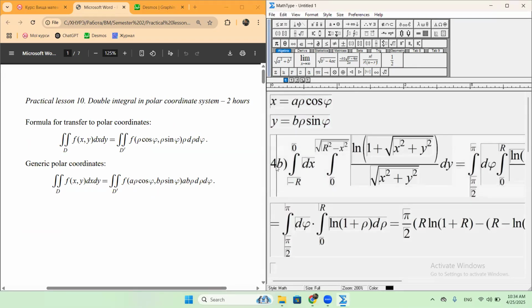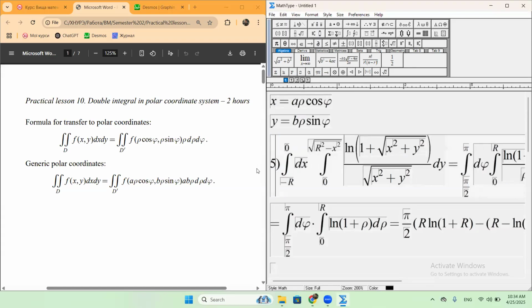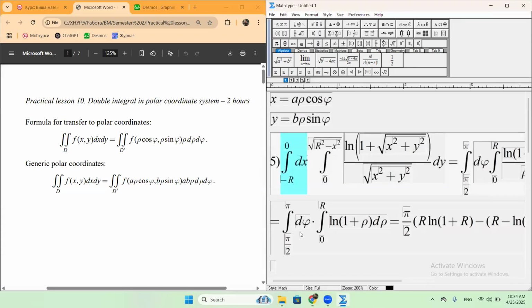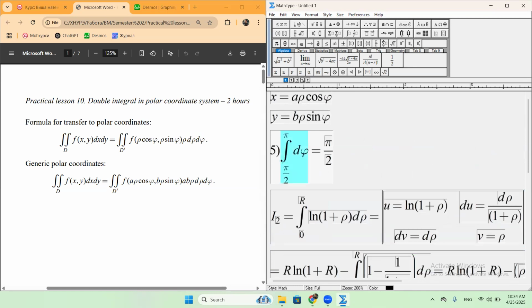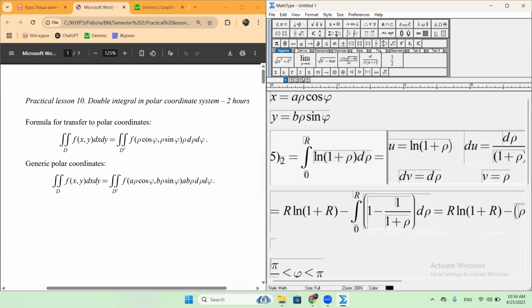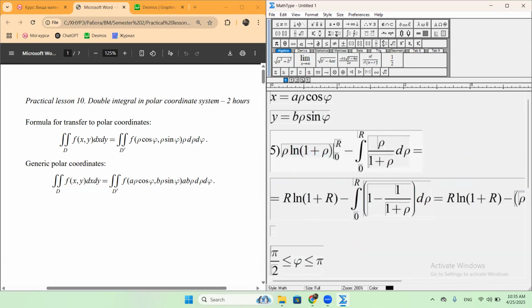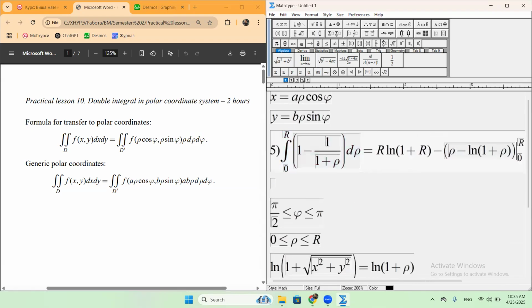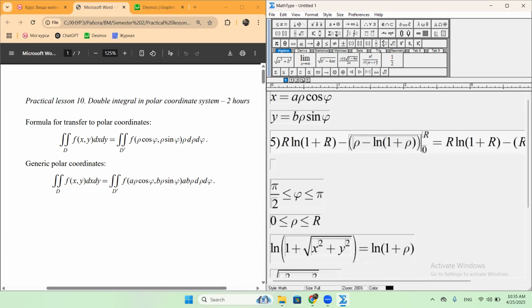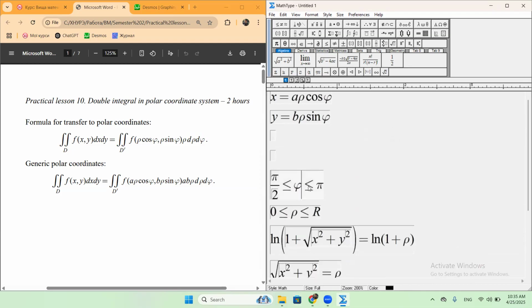This is the special formula for an elliptic region, where a and b are the semi-axes of the ellipse. So it becomes easy to calculate such integrals.